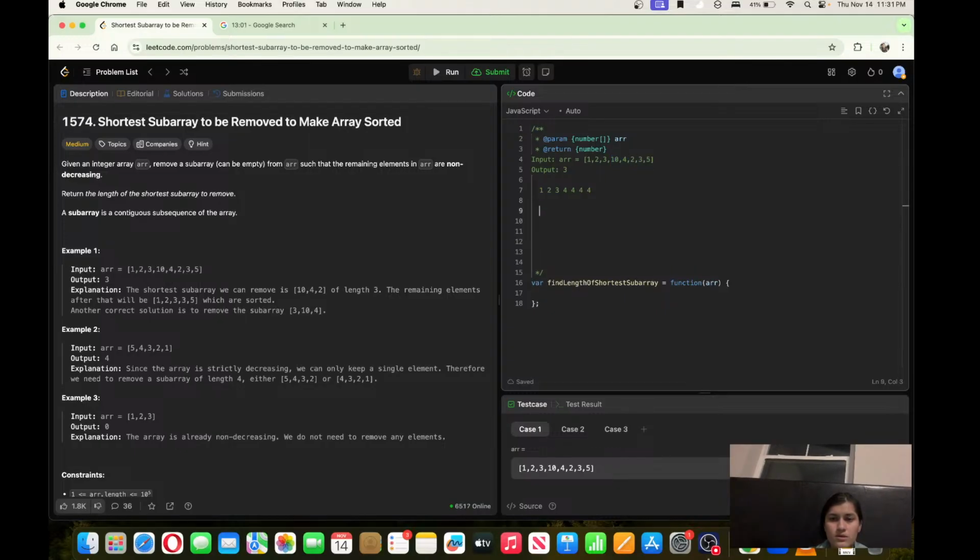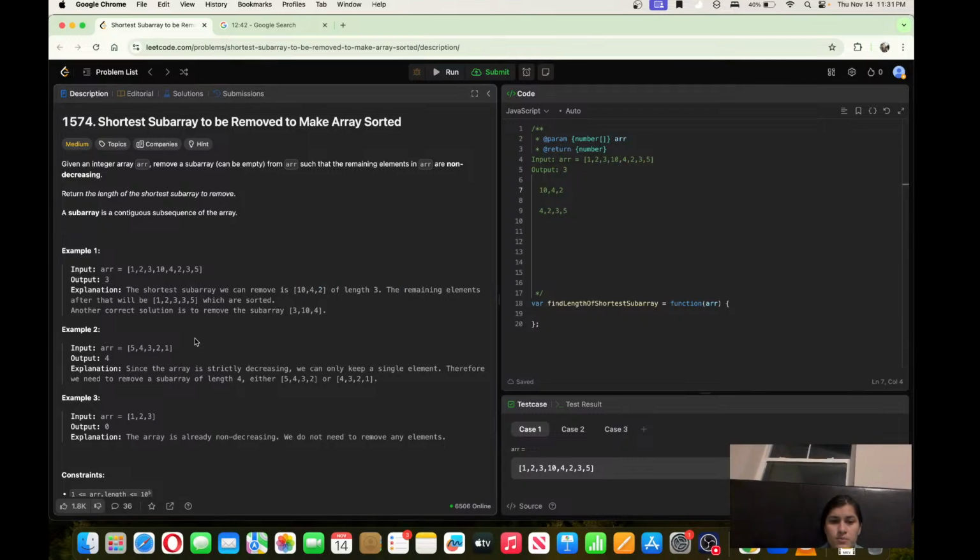So I could have removed either 10 4 2, or I could have removed 4 2 3 5, but since this is the shortest subarray, this should be the answer, 10 4 2.